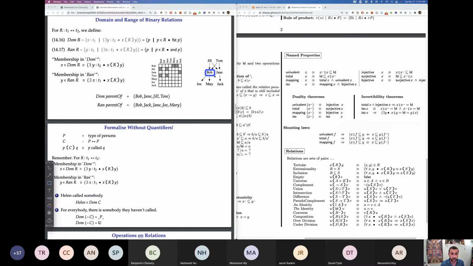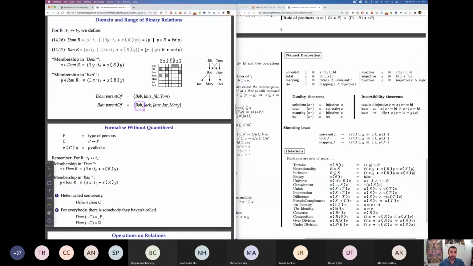You can see right here, the domain of the relation contains Bob, because Bob is at the start of this line right here. And Joe is in the range of this relation, since Joe is at the end of this line. Interestingly, Bob is at the start of this line, but also at the end of this line and that line. So Bob is also in the range, as you can see right here.